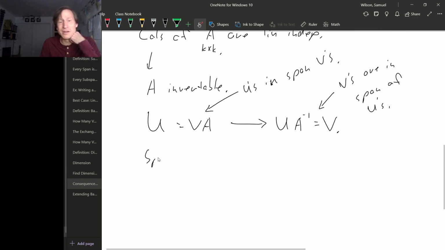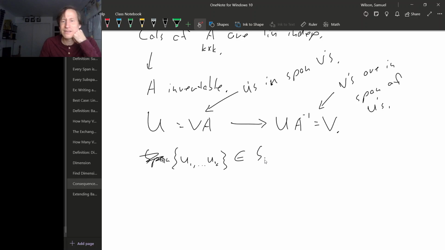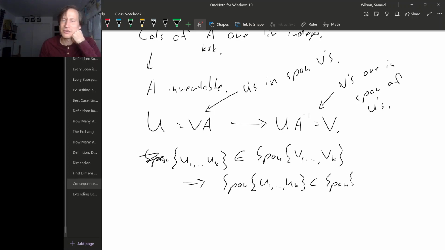So we already knew that since all of the u's, u1 through uk, are in the span of the v's, v1 through vk, this was an assumption we made at the very beginning, the span of the u's is contained in the span of the v's. Right? If all the u's are in this span, then the span of the u's has to also be in this span. But now we know it the other way.